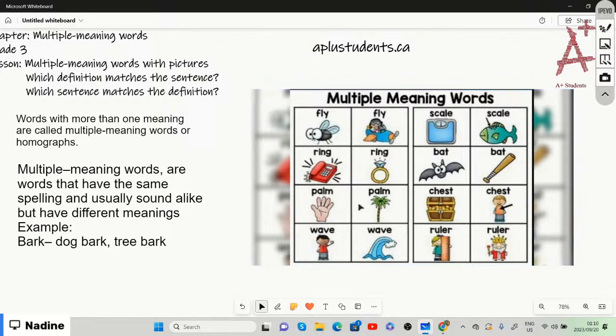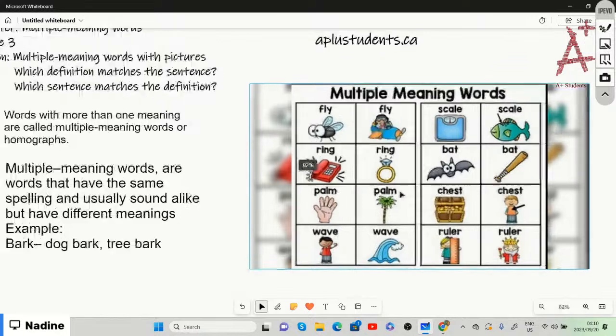Then we have ring. There are two different meanings of the word ring. The first ring is when it comes to the telephone, a telephone rings. So somebody's calling you from wherever and now your telephone rings. That is the first ring.